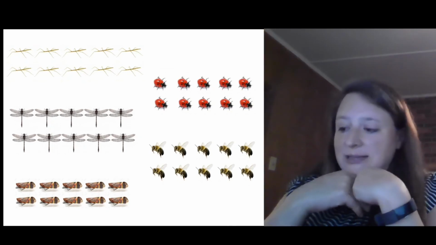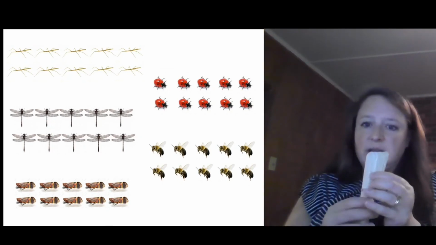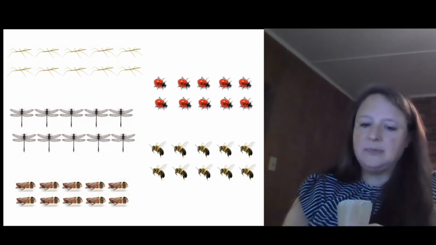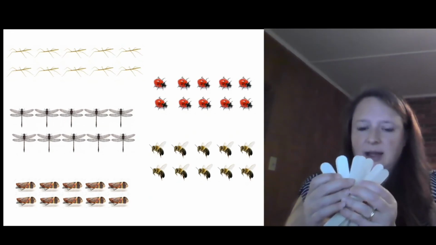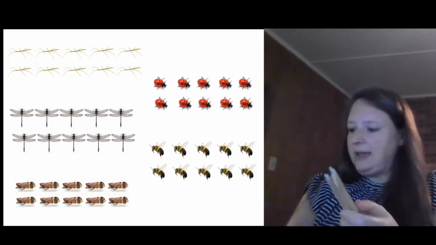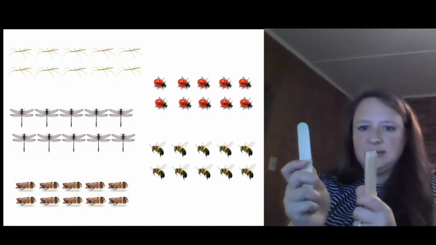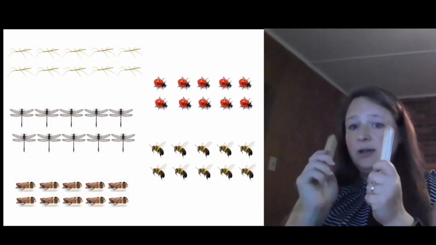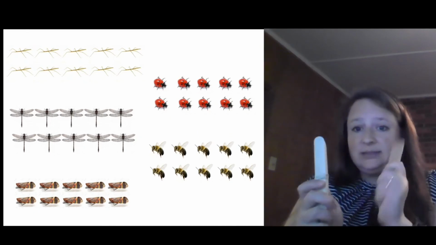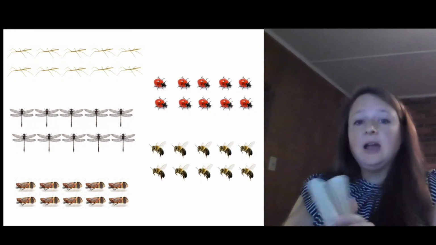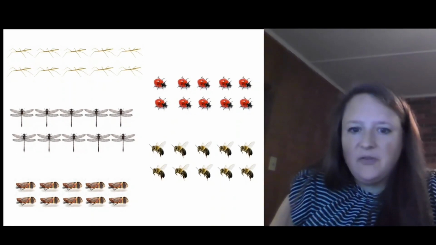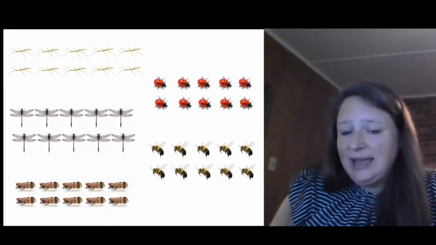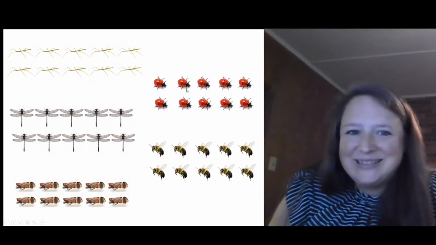Remember, when we count by tens, it's counting groups. Like we've talked a lot about counting popsicle sticks, that if I have 10 popsicle sticks bundled together, I can go 10. And then if I pick up another set that's bundled together, I could go 20. So 10, 20. Could we do that with our bugs to check and make sure that there really are 50 bugs hanging out? Let's do it.